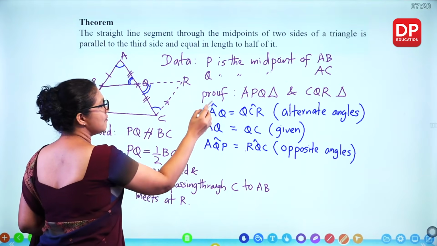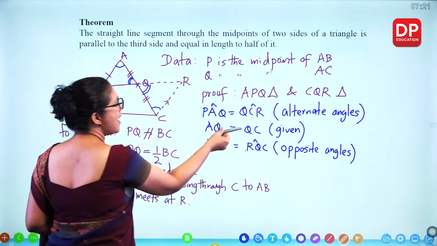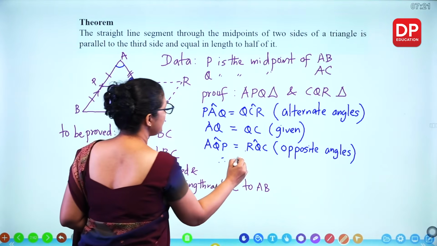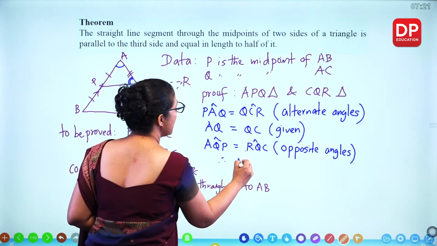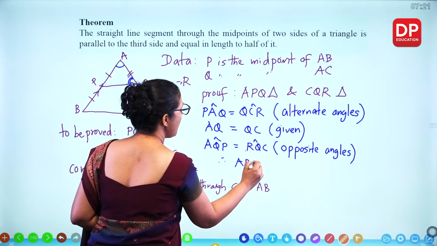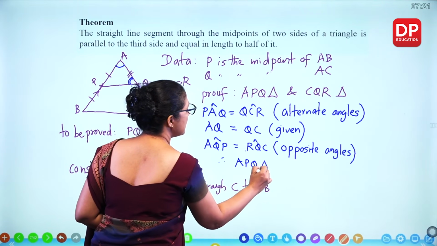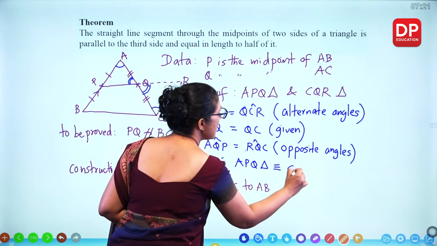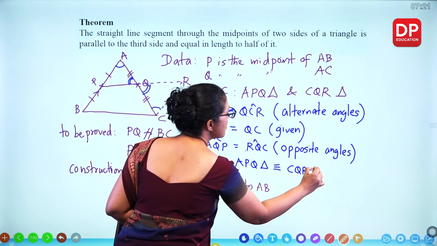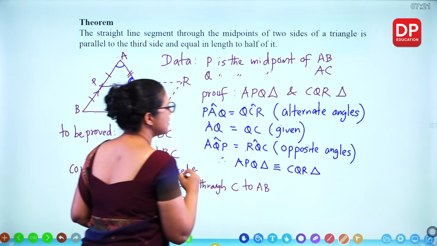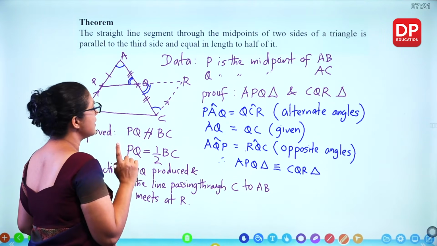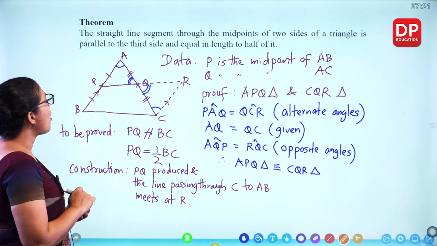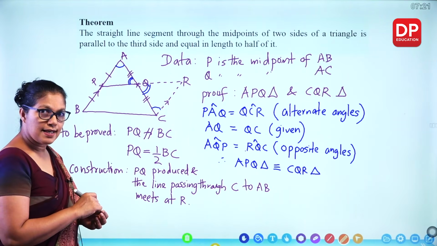Then what you can say? Angle, angle, side. Therefore, APQ triangle is congruent to CQR triangle. Then, if these two are congruent, what can you say about the corresponding elements?